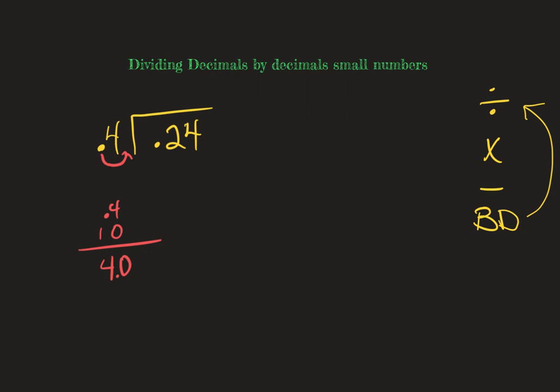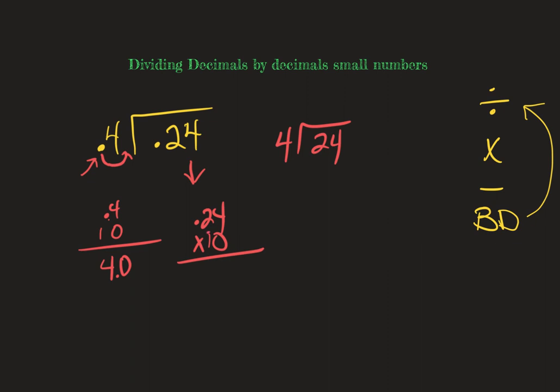Now, what this accomplishes is this moves the decimal, as you see right here, and it gives me a whole number 4. But right now, as it is, if I write 4 divided into 24, that's not the same problem as this, is it? I'm absolutely going to get different answers. So if I multiply my divisor by 10, I need to multiply my dividend by 10 also.